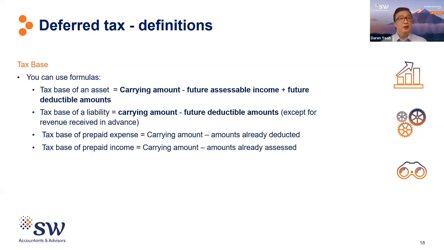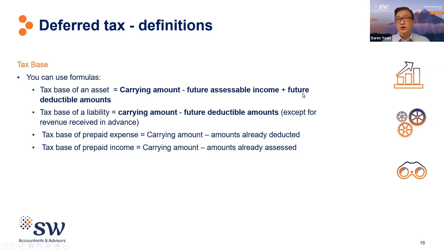Now, if you like, you can use these formulas here to calculate the tax base of your assets and liabilities. For the tax base of an asset, you start with the carrying amount, and then you subtract the future assessable amount from the use or sale of that asset. AASB 112 says the future assessable amount will always equal the carrying amount, so you can make that assumption.